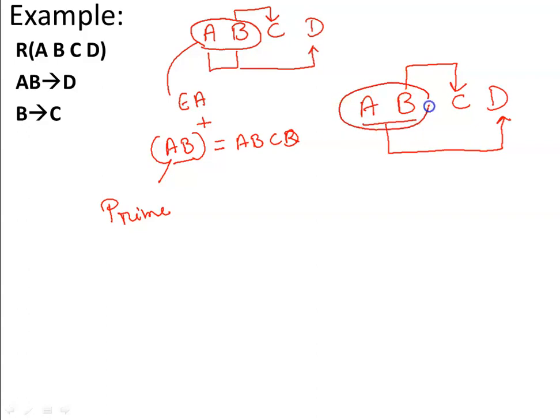So in this case A and B are the prime attributes, and C and D are the non-prime attributes.